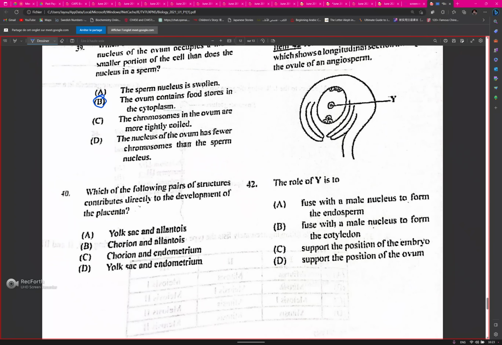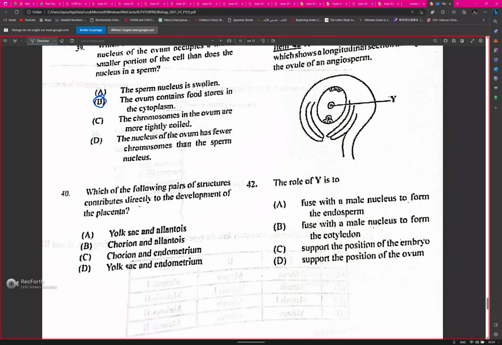Okay, hold on. So why do we say endometrium? Because that's where the blastocyst is implanted. Yeah, but what directly develops the placenta though? Wait, sir, isn't the placenta formed from the endometrium or on it? Yes, it does.